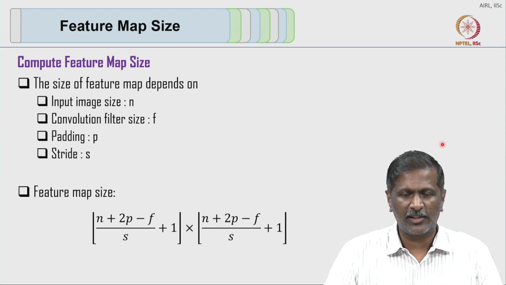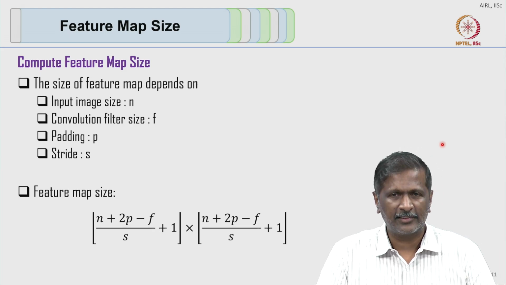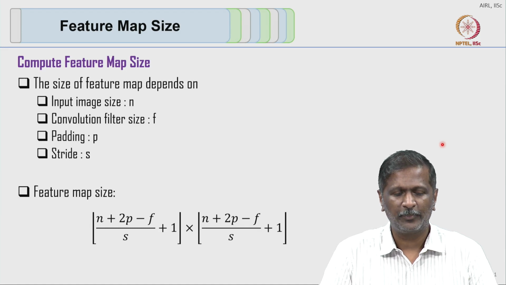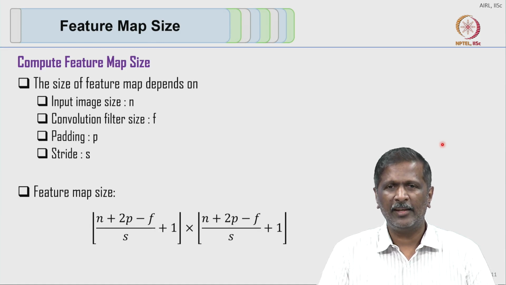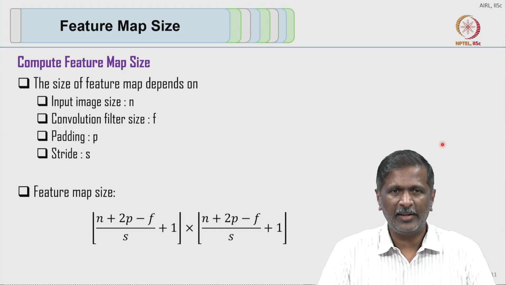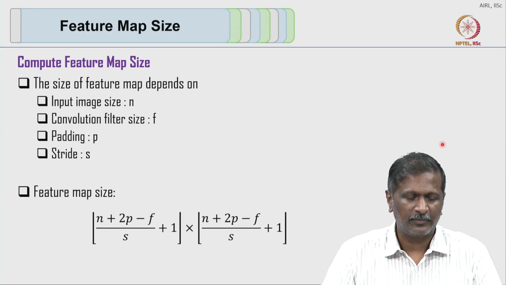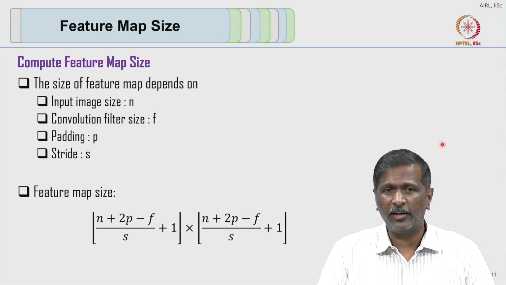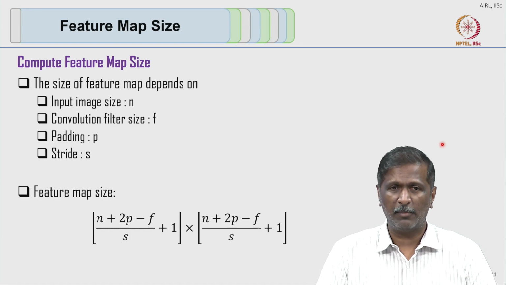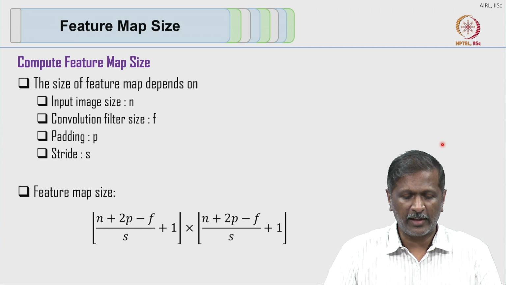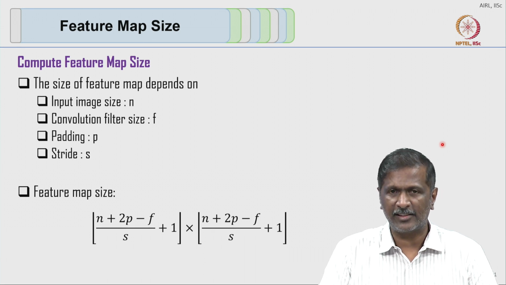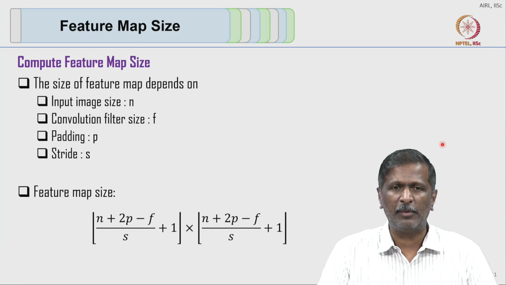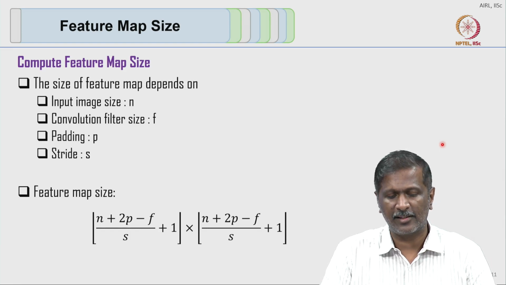Let us say there is an image of size n cross n, and I have a filter which is going to be f cross f. The filter size is f. But then I want an output image whose dimension is equal to n itself. So I can choose the values of p and s such that the resultant feature map dimension is the same n cross n.